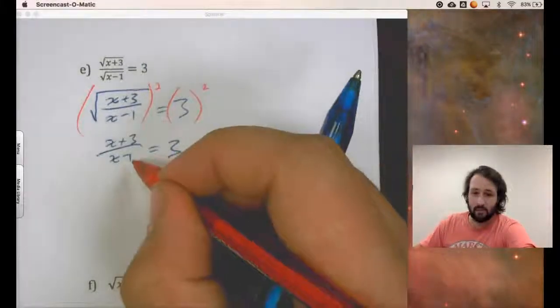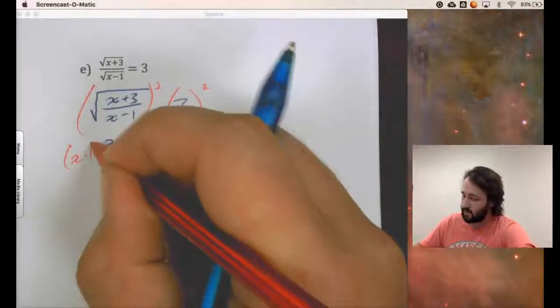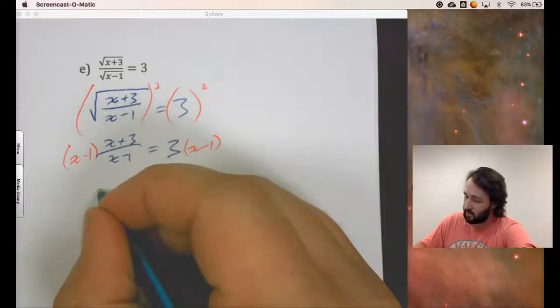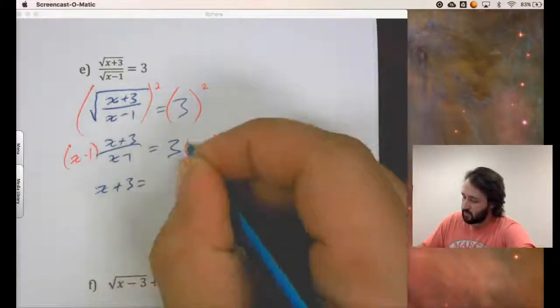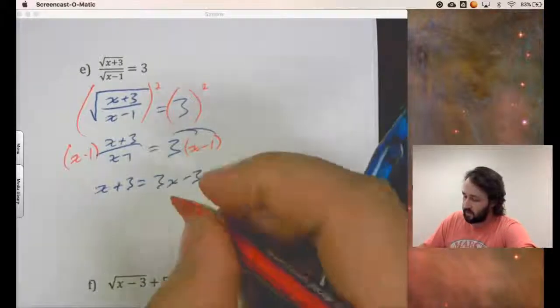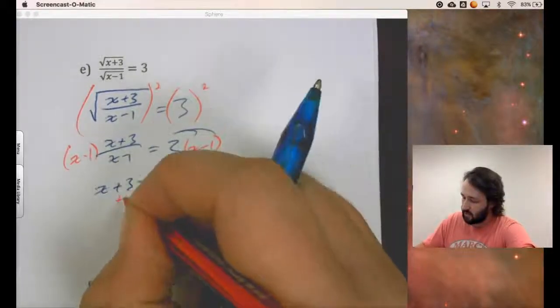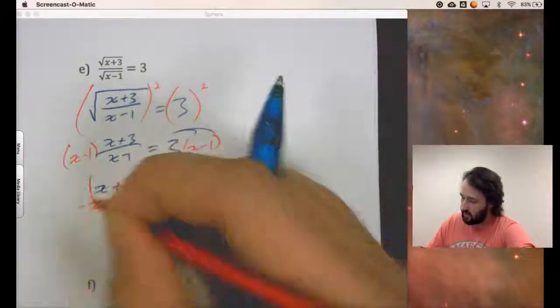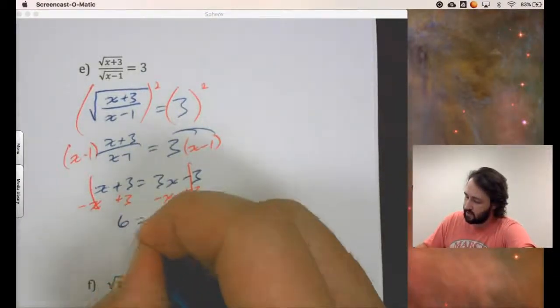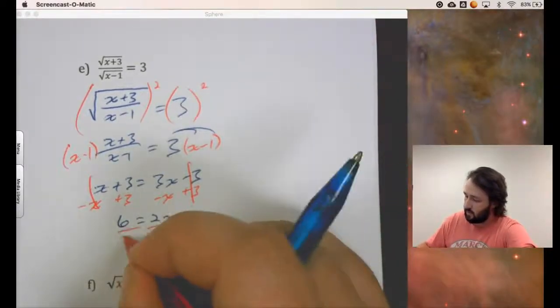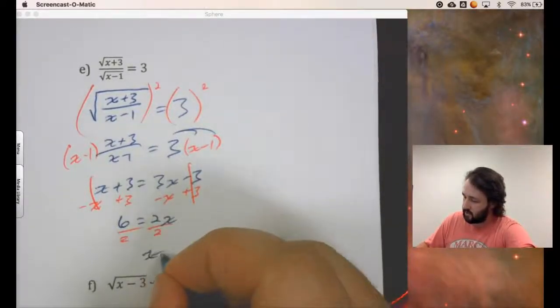To get rid of this denominator, I can multiply by it on both sides, so that I have x plus 3 equals 3 times x minus 1, which is 3x minus 3, and then just keep solving. So add 3, plus 3, minus x, so that makes 0 and that makes 0. So I have 6 equals 2x, so when I divide by 2, that gives me x equals 3.